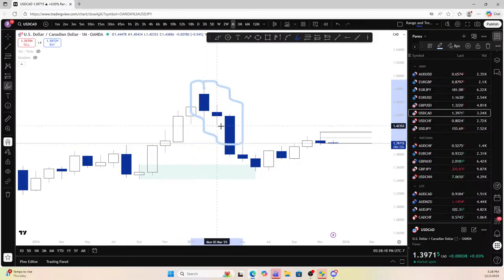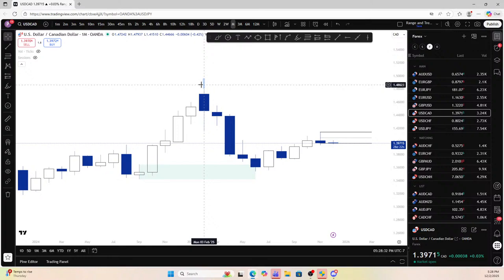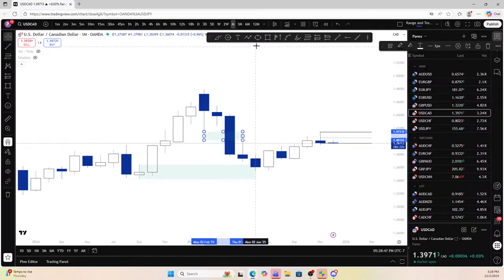So these 3 candles here, 1, 2, 3. These 3 candles right here, 1, 2, 3. And we can see that there is a supply creation here because why? We have a fair value gap between this wick and this wick.